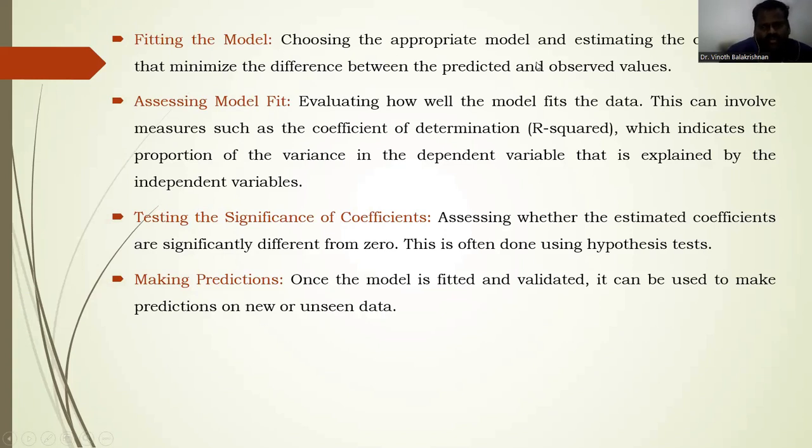You have to choose the appropriate model and estimate the coefficients. These coefficients minimize the difference between the predicted and observed values. That is called the error. It should be minimum, and that's why we use the ordinary least squares method.